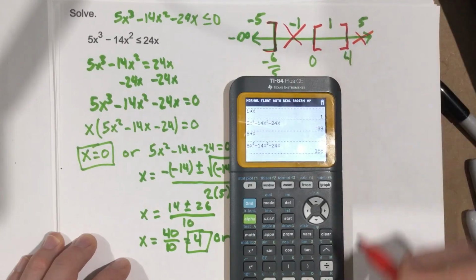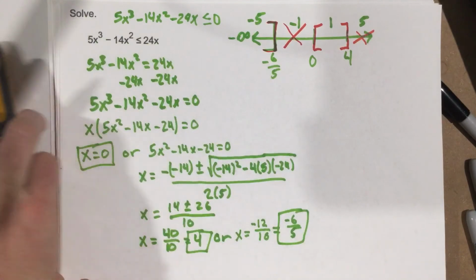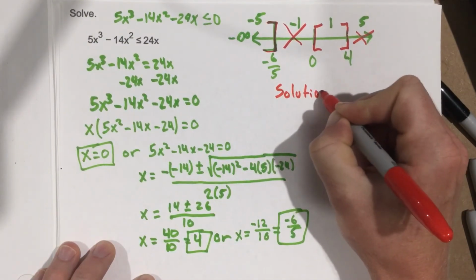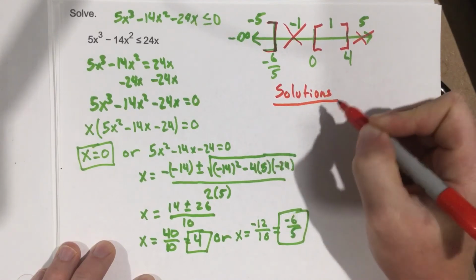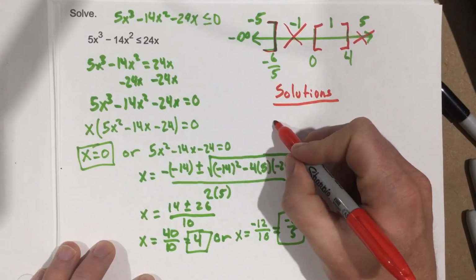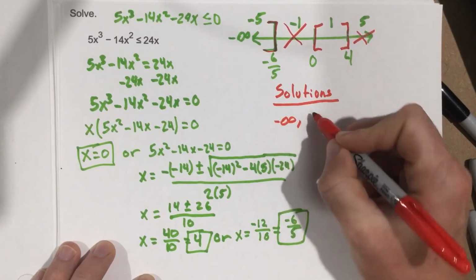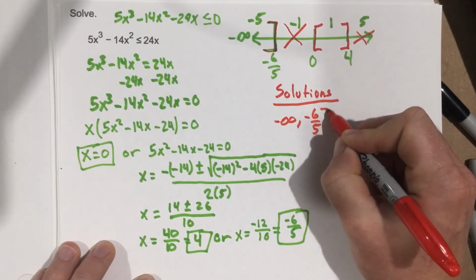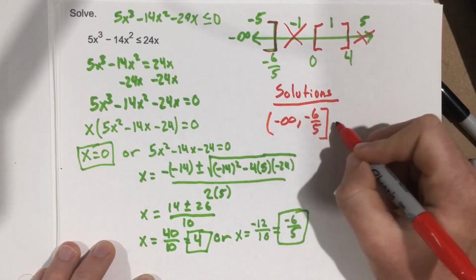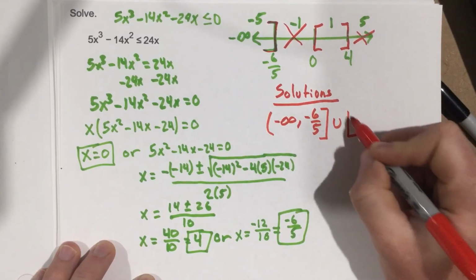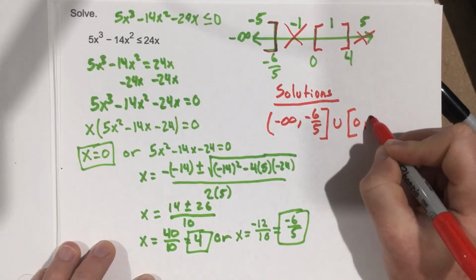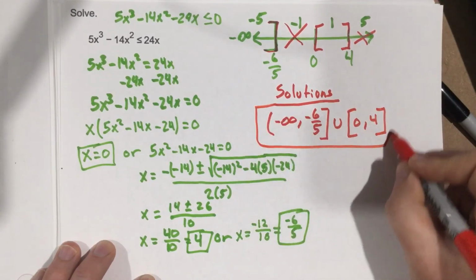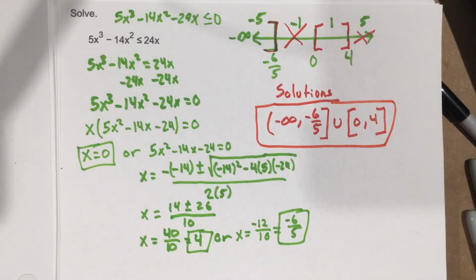So this area doesn't work. So my solutions go from negative infinity to negative 6 over 5, and they include negative 6 over 5, union 0 to 4. So those are the solutions to this polynomial inequality.